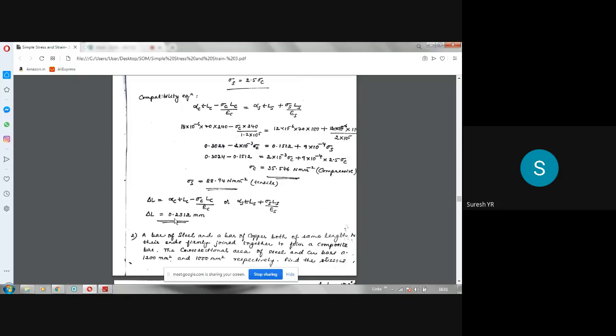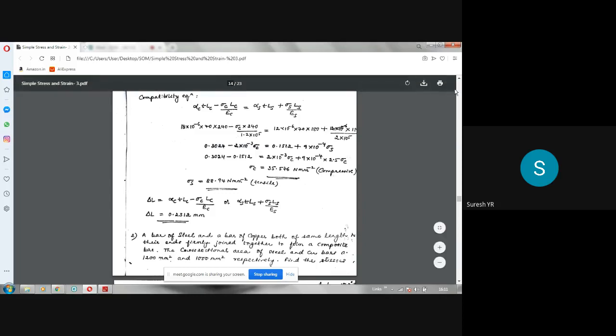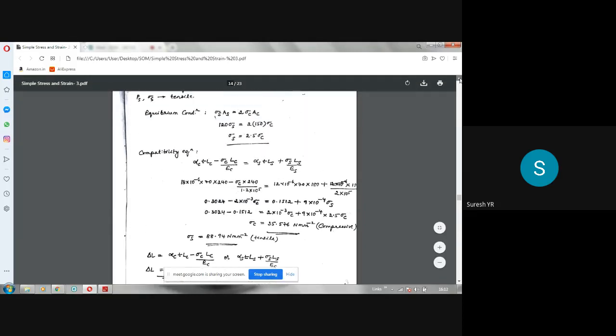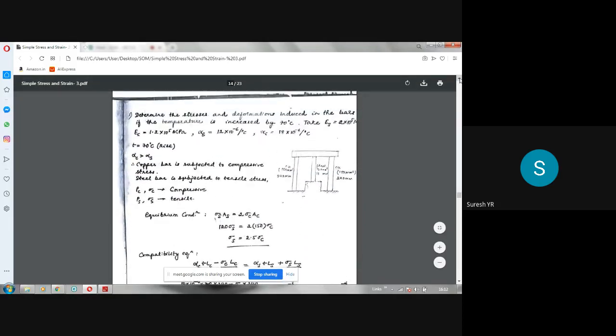So this is a problem which explains the temperature stresses in compound bars. Let me once again go through it first. So one steel bar is there, two copper rods are there, 240 mm and 150 mm square for copper, 180 mm and 120 mm square for steel, lengths and areas. Okay.